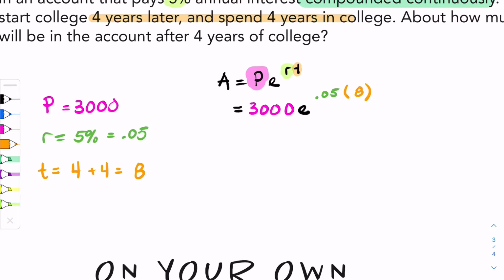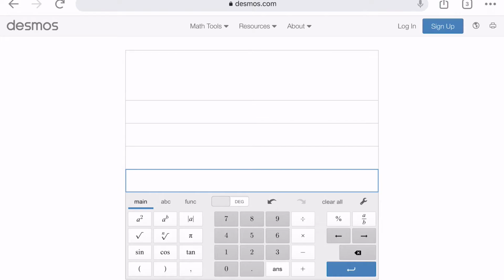And now I'm going to switch and show you in Desmos Scientific Calculator how to type in the number E. Okay, in Desmos Scientific we have 3,000 multiplied by E, so I'm going to select function, which is directly below my cursor, slid over to the right.